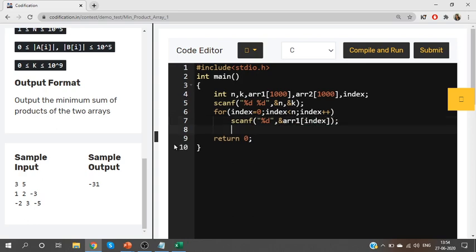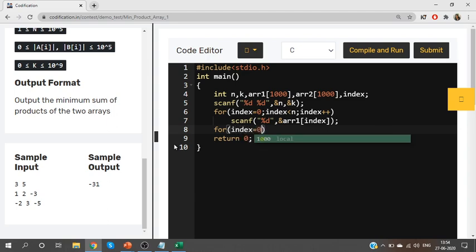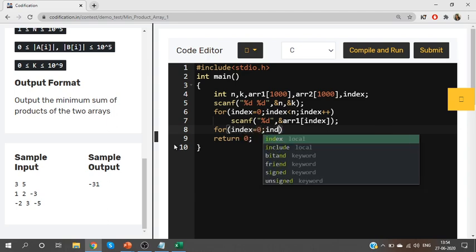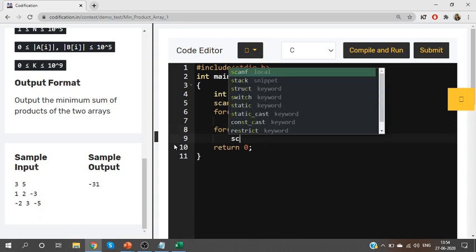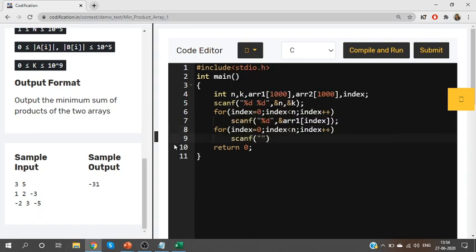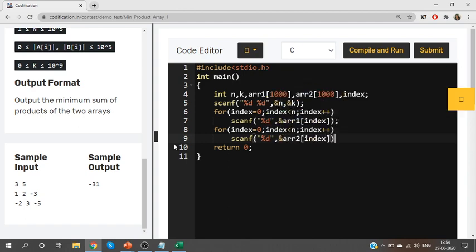After we complete getting the first array, we can move on to get the second array. Scanf percentage d, address of array 2 of index. So now we have array 1 as well as array 2. Since I have both the arrays and all the inputs necessary, we can move on to the next step.